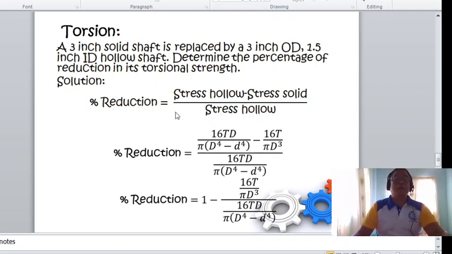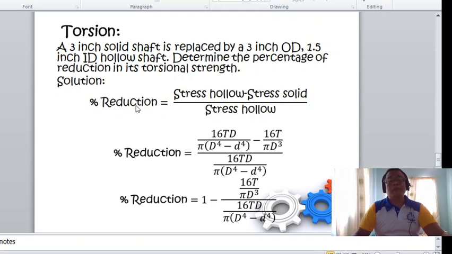Okay? So, getting now the percentage reduction of the strength. Percent reduction is equal to the stress for the hollow shaft minus the stress for the solid over the stress for the hollow. So, we multiply this by 100%, okay? So, substituting now the formula. For the hollow shaft, that is 16TD over pi times D to the 4th minus d to the 4th.